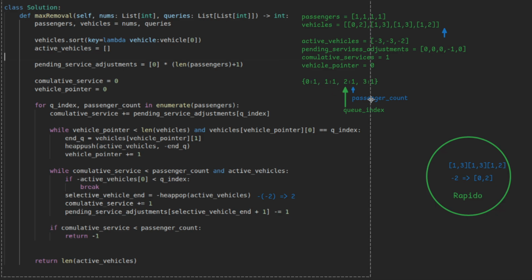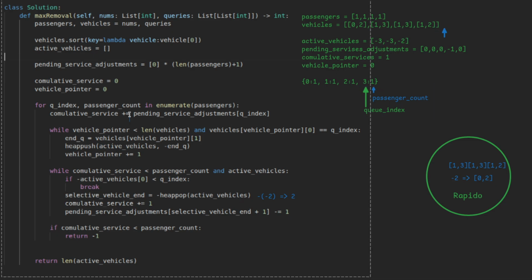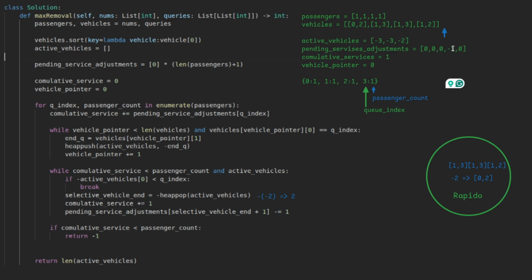So what I will be doing is forwarding it. Once I forward it to 3 and 1, what I see is here the cumulative services will be plus the pending service adjustments, and when we see the pending service adjustment at 4, I see -1, so cumulative services will be decreased by 1.